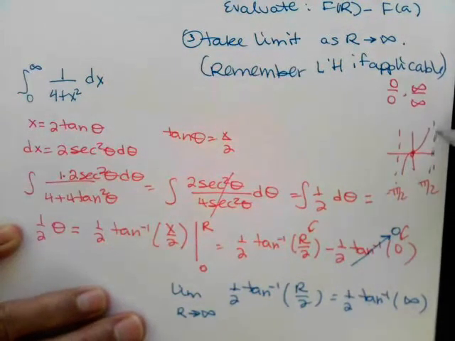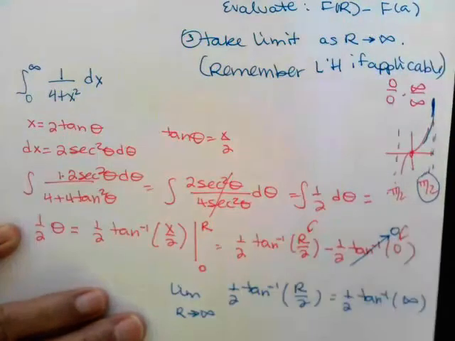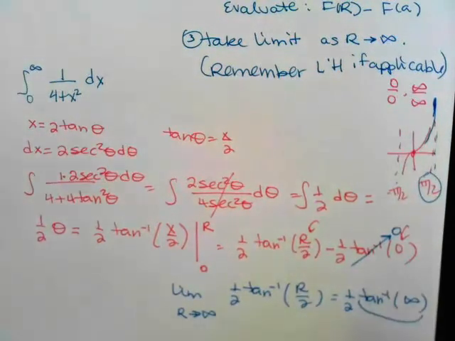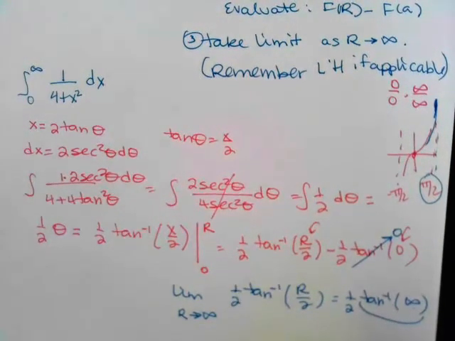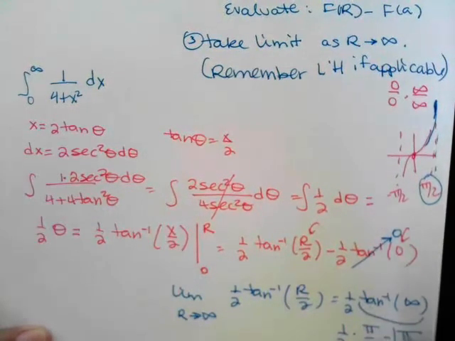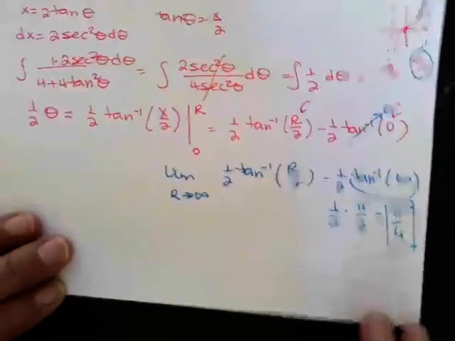So positive infinity, that y value, happens at the angle of pi halves. So the inverse tangent of infinity is pi halves. So 1/2 times pi halves, pi fourths.